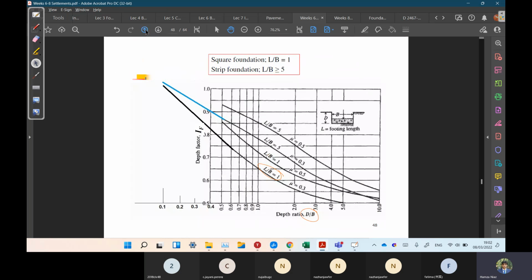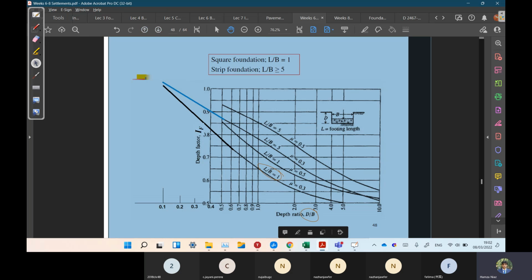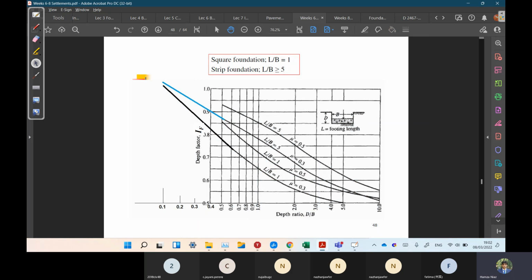If you move to this chart, this curve is for L over B equal to 1 and this curve is for L over B equal to 5. Remember that Poisson's ratio is 0.3 for this one. So for L over B equal to 2, we can create a curve of our own, from our own judgment. We have to interpolate the curves: if 5 was that and 1 was that, what would it be for 2?